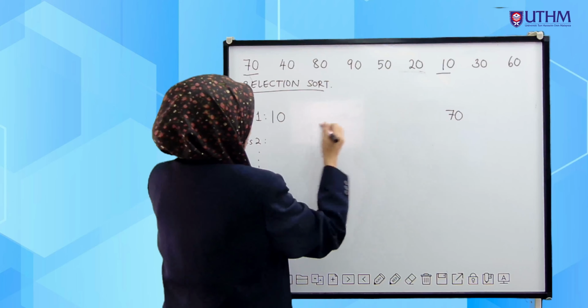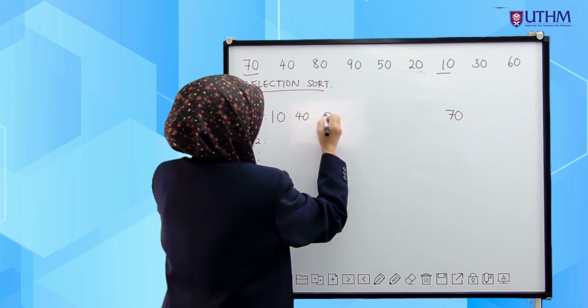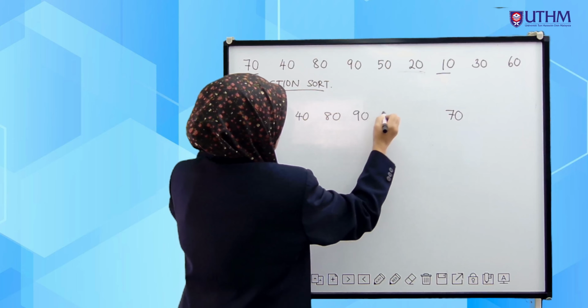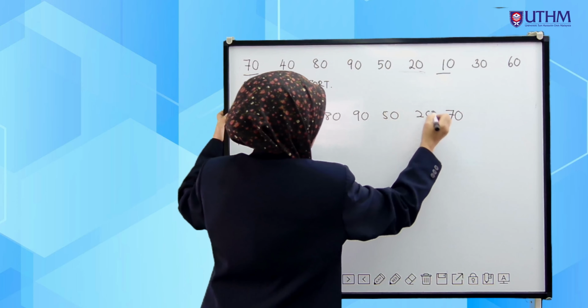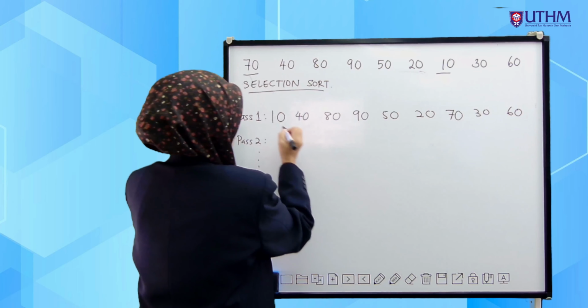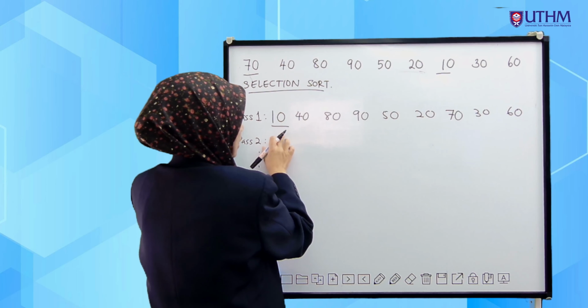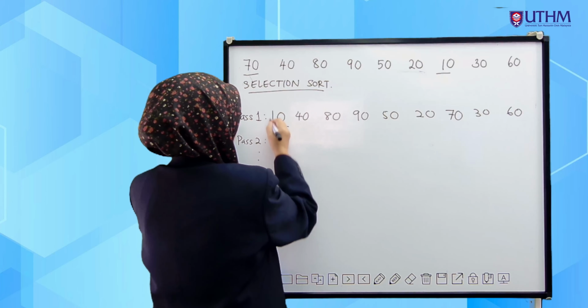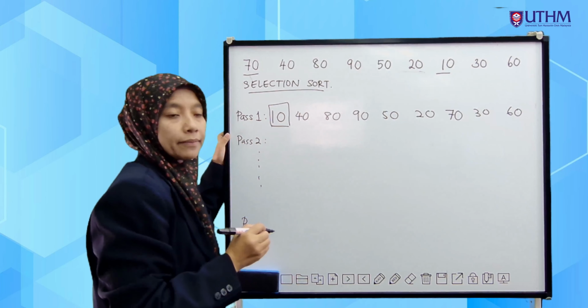The rest of the values you can just copy accordingly. The value in the first position is already in sorted order.